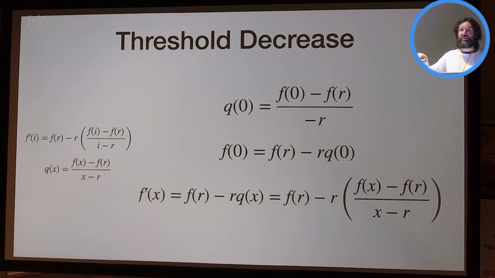One, that the secret didn't change: f prime of 0 equals f of 0. And two, that f prime of x is now a t minus 2 degree polynomial. So we decreased the degree of the polynomial by 1.